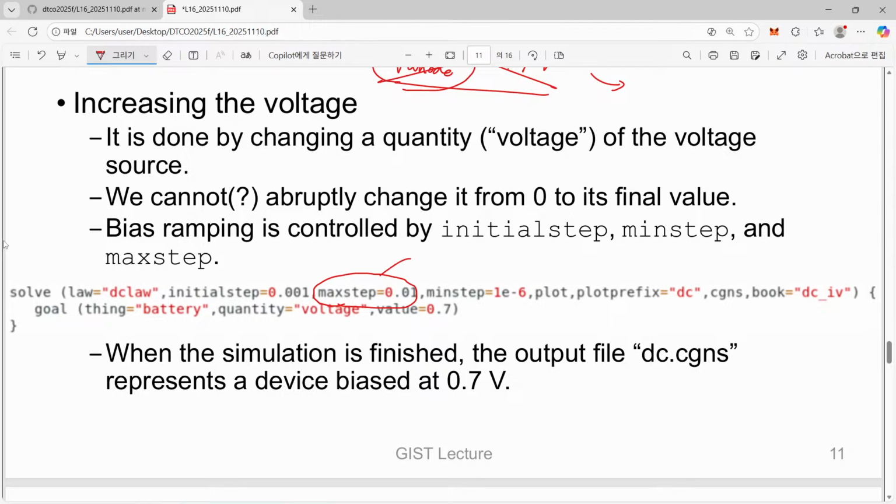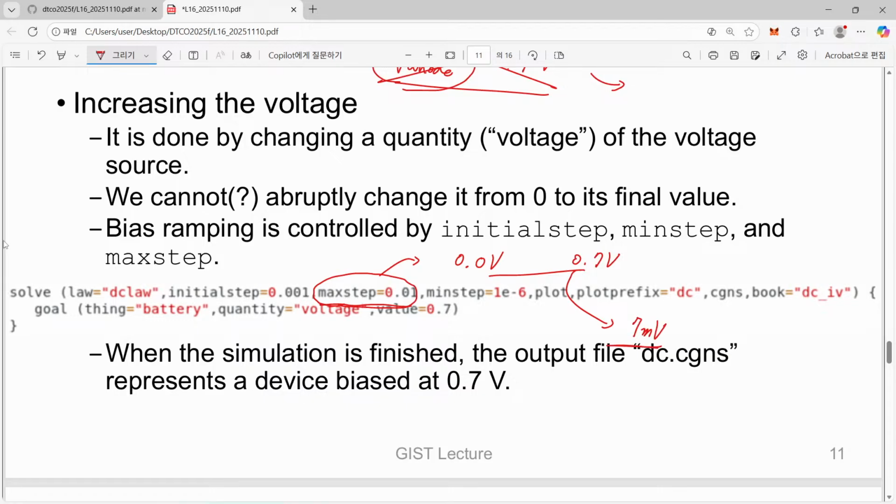0.01 means that at initial case we have 0.0 volt and final goal is 0.7 volt. And when we say max step is just 100ths, it means that we will just change 7 millivolt maximum.